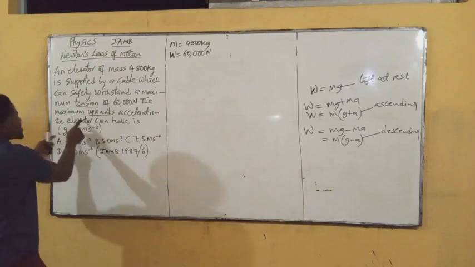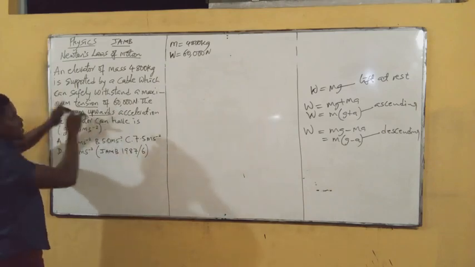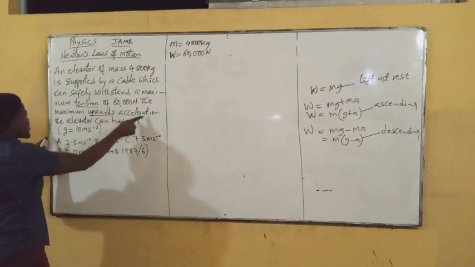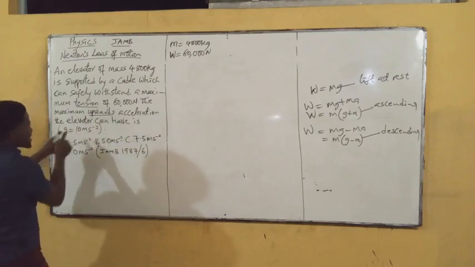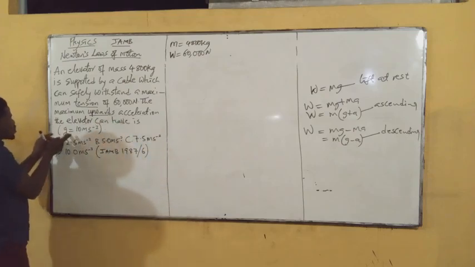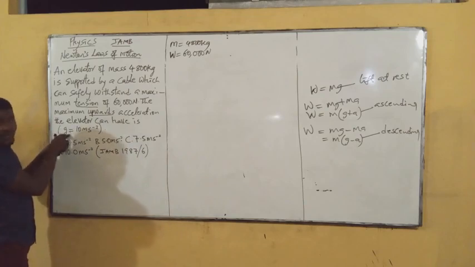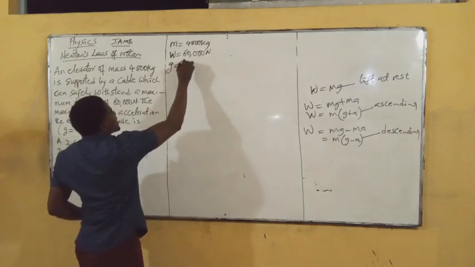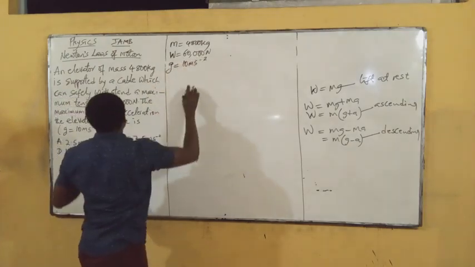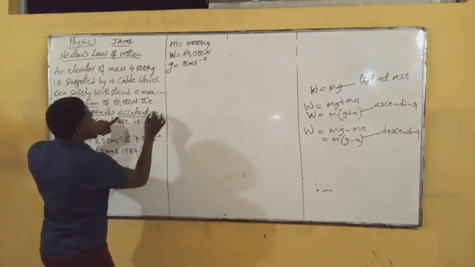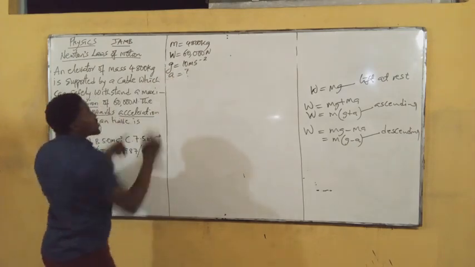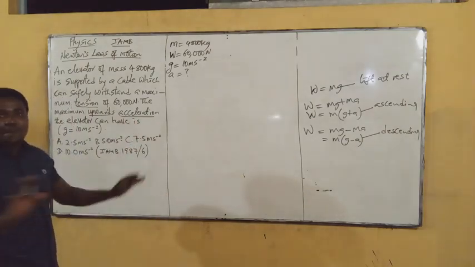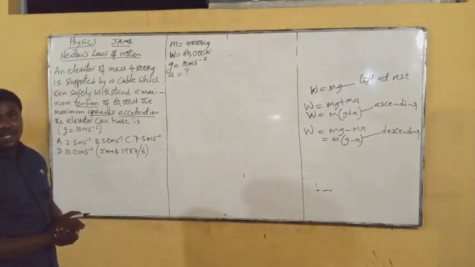Then the question says the maximum upward acceleration the elevator can have is, now in bracket they said we should use g, which is acceleration due to gravity, as 10 meters per second squared. So my g is equal to 10 meters per second squared. In this question, we are looking for the acceleration, which is a. Acceleration is unknown. Very simple. This is how best you can tackle a question related to physics.